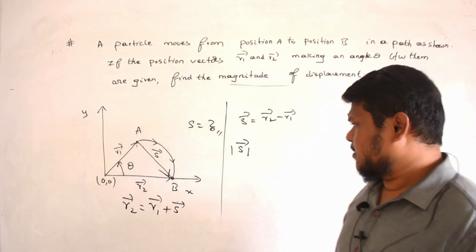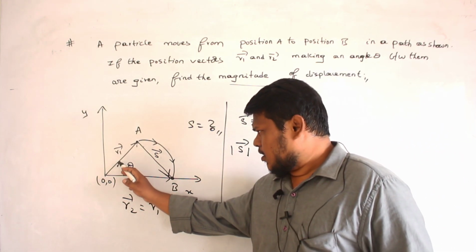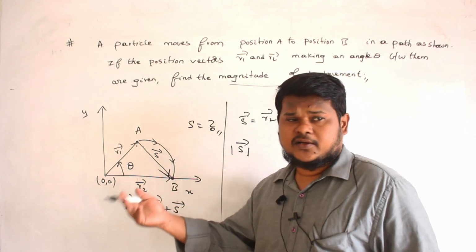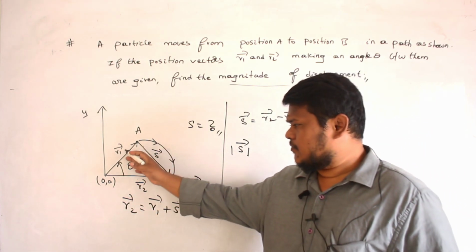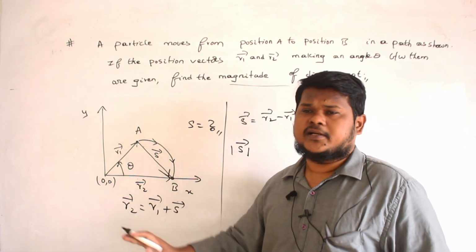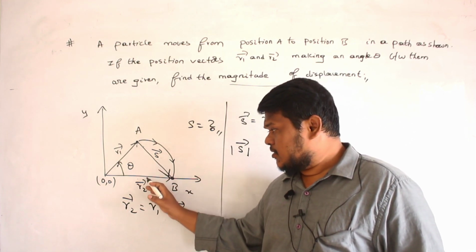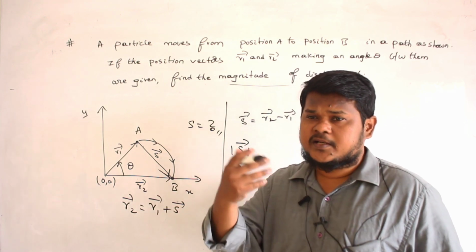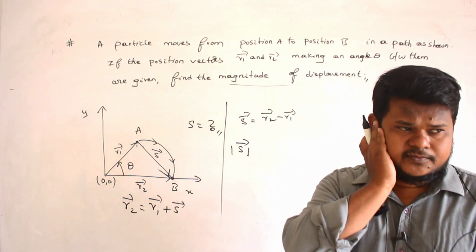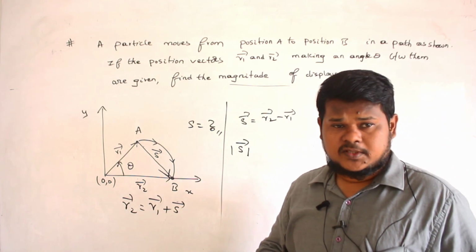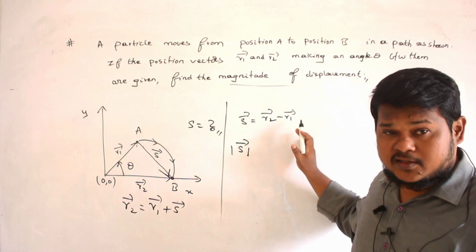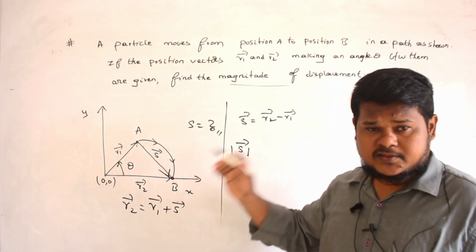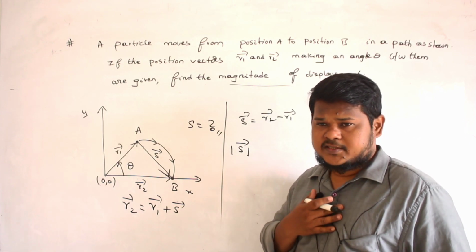Very good. See, my angle between r1 dash and r2 dash is theta. If I take the resultant of these two, it becomes addition of r1 dash and r2 dash. But what I am supposed to do is the subtraction of r1 dash from r2 dash.